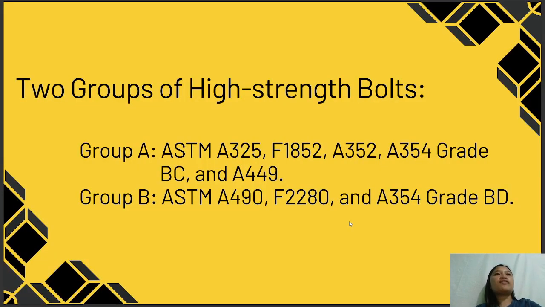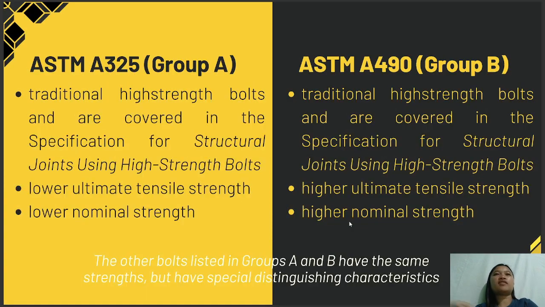Next, we have two groups of high-strength bolts. Group A includes ASTM A325, F1852, A352, and so on. Group B includes ASTM A490, F2280, and A354 Grade BD.